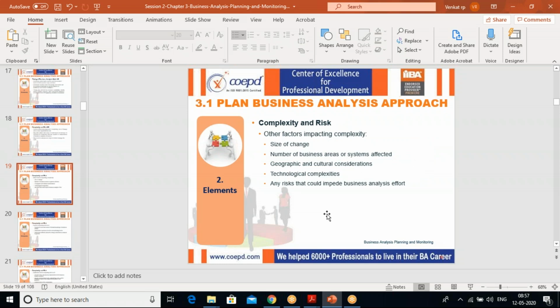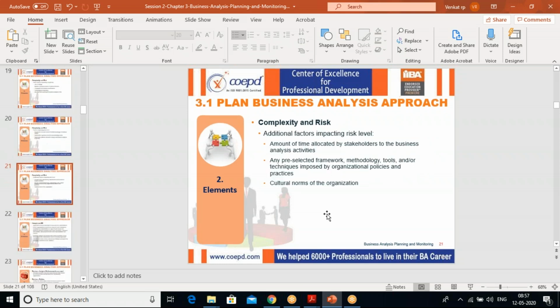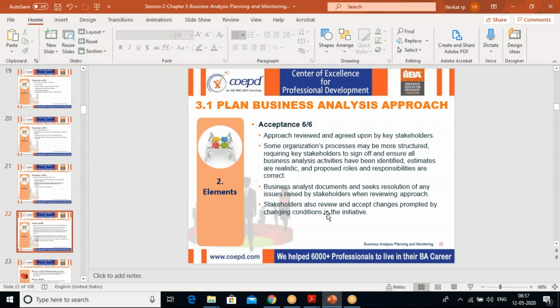And then we have to understand acceptance: how your team is going to accept this business analysis approach, how your company is going to accept it, how the client and all the key stakeholders are going to accept it. First of all, we need to understand what process or procedure they follow to accept it, and based on that we design this approach and get it approved by these key stakeholders.